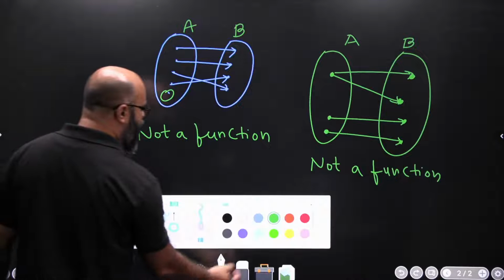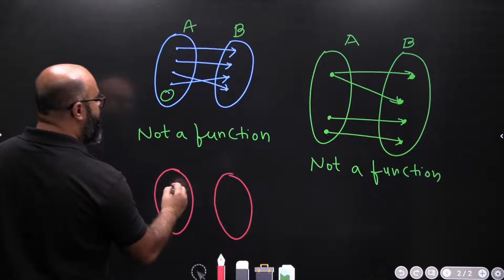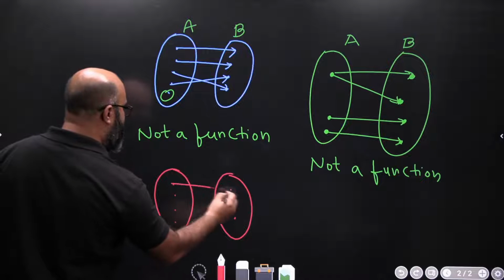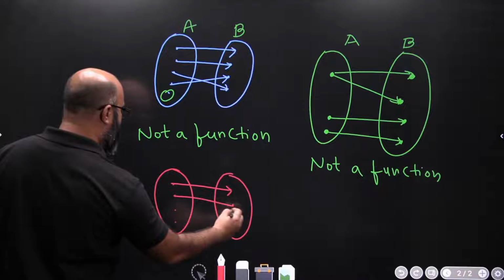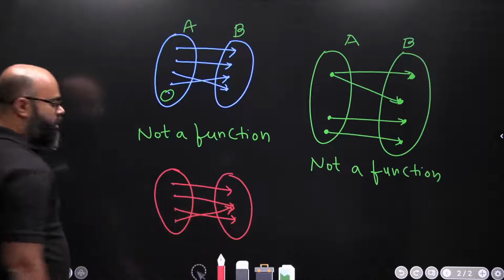If I take you to another example, there are elements here, here and here, and elements like this. This is mapped to this one, this is mapped to this one, this is mapped to this one, and this is mapped to this one. Is this a function?